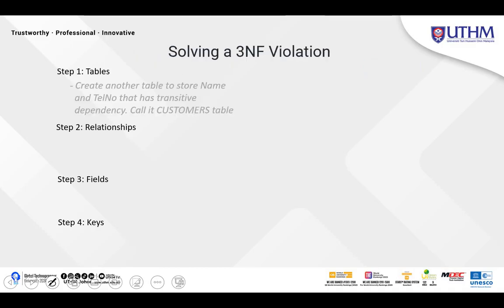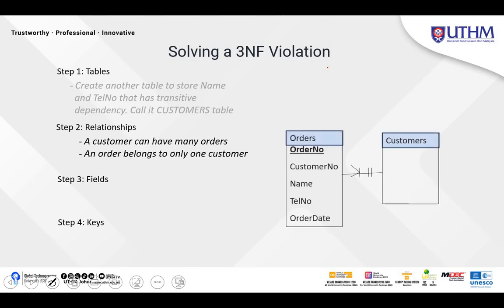Okay, second step, create the relationship. A customer can have many orders, and an order belongs to only one customer. So one particular order number belongs to one particular customer. The same order number cannot belong to two different customers. Remember this. That's why we say an order belongs to one customer only.